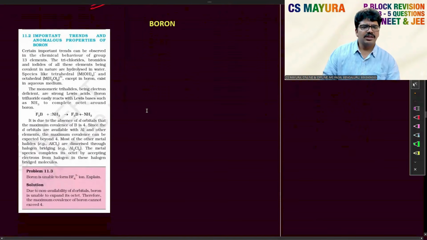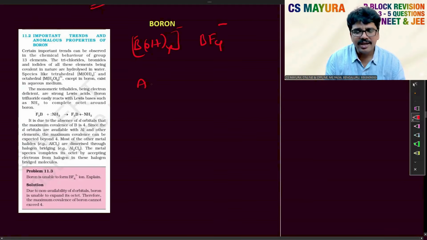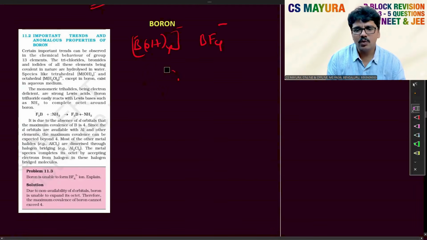Next, coming to anomalous properties of boron. First important thing is boron's maximum covalency is 4, B(OH)4 - or BF4 -. Aluminum's maximum covalency is 6.